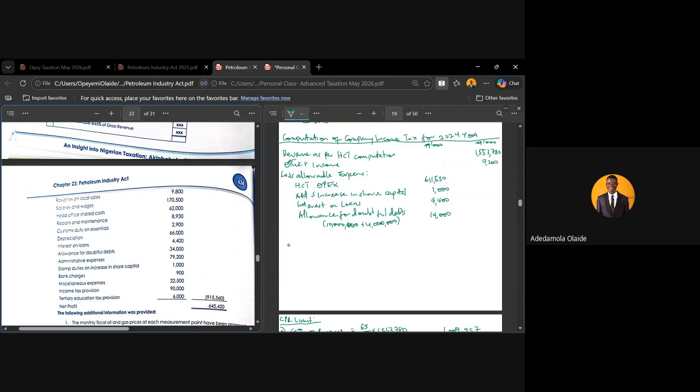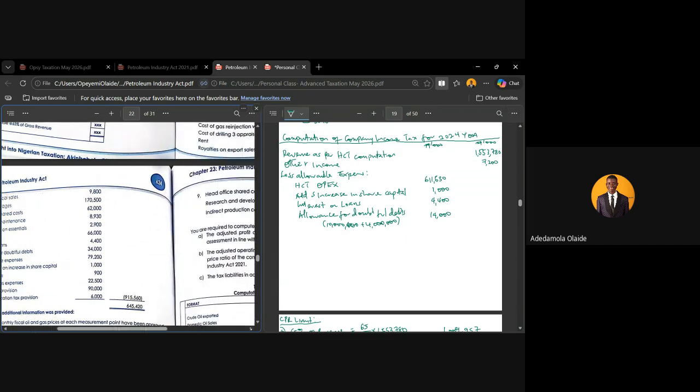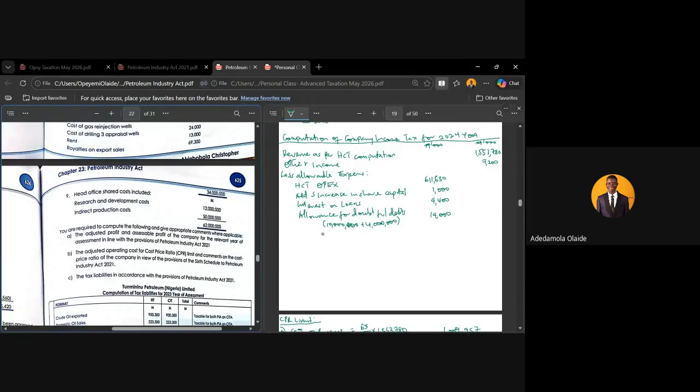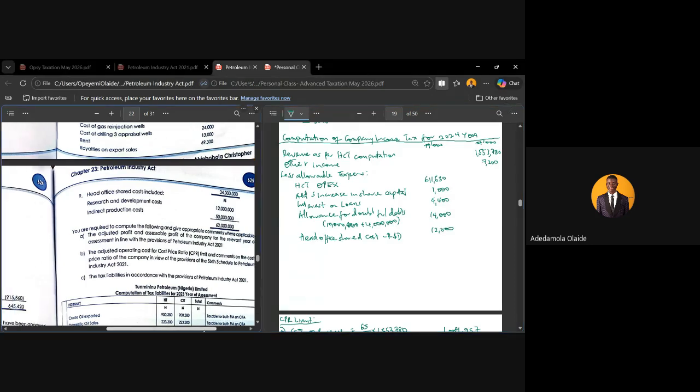Head office shared cost. For the head office shared cost, they give us part of the breakdown, the research and development cost. Head office shared cost, R&D, how much? 12 million. What else do we need?